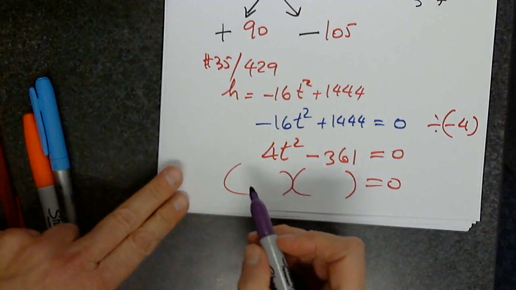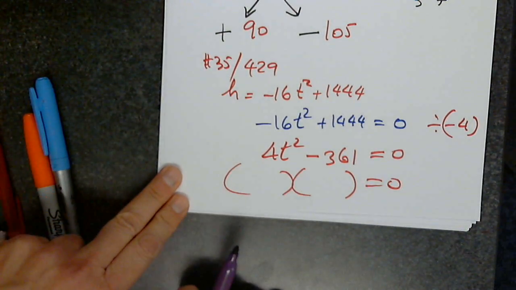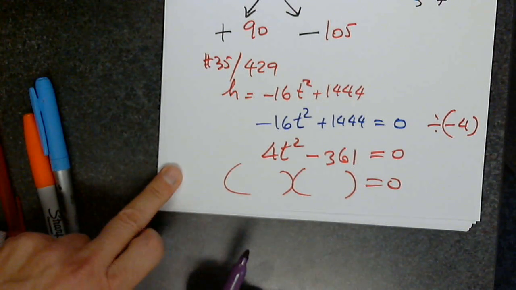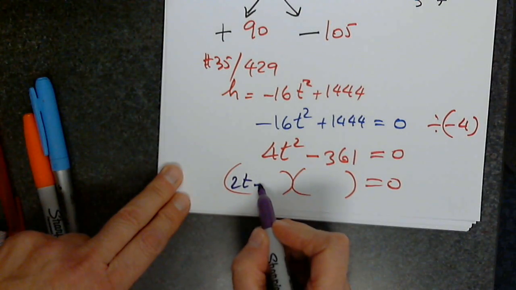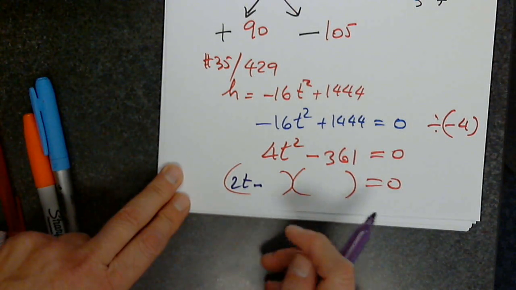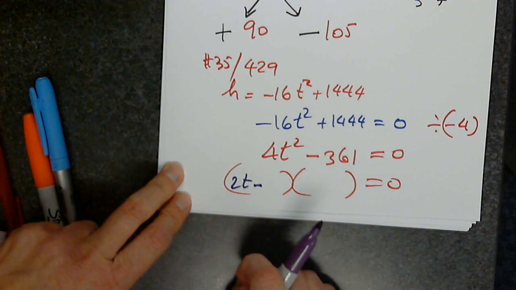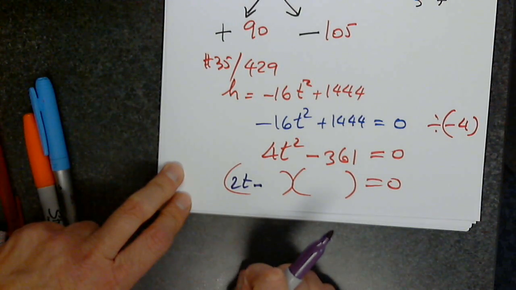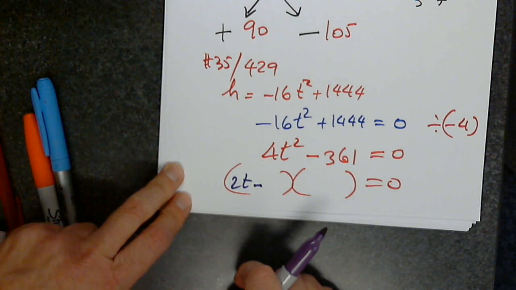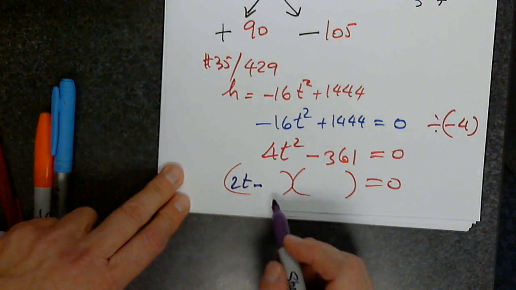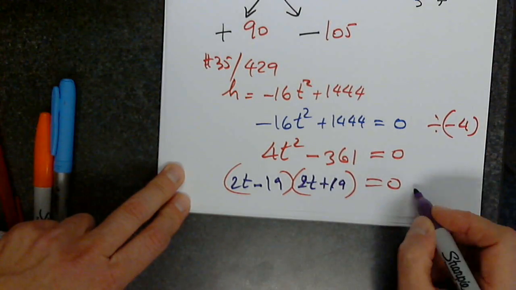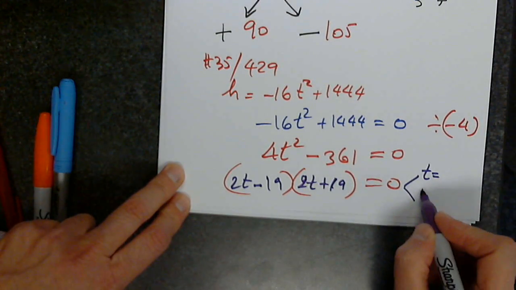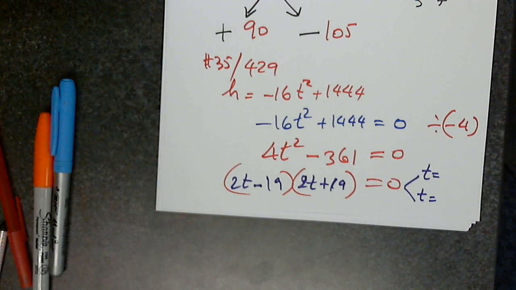How do we factor this binomial? So let's take the square root of 361 and we get how much? 19. Very good. And 2t plus 19. And then there are two potential options. Time is t.